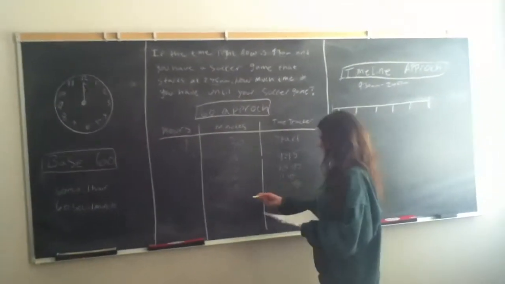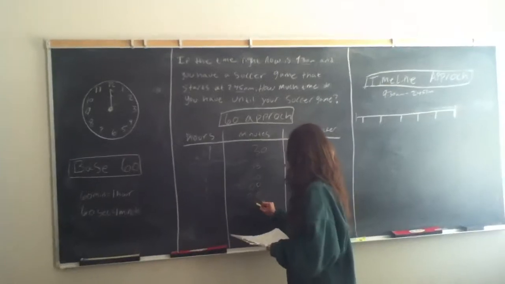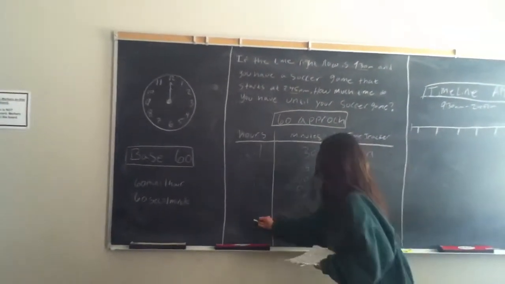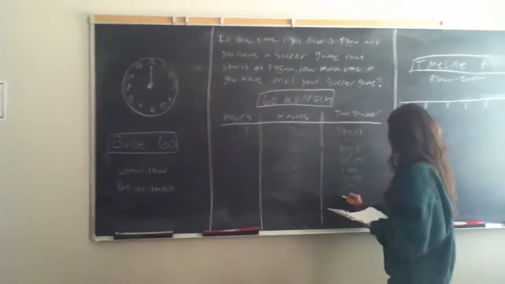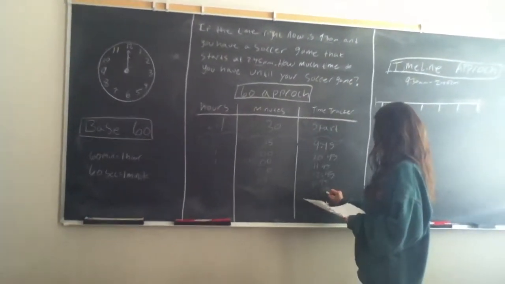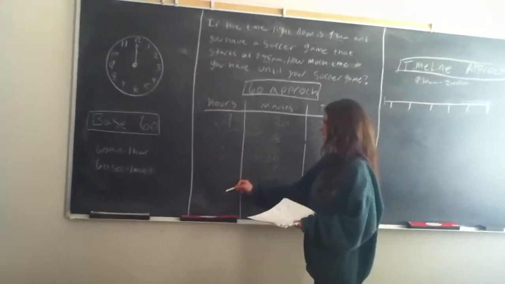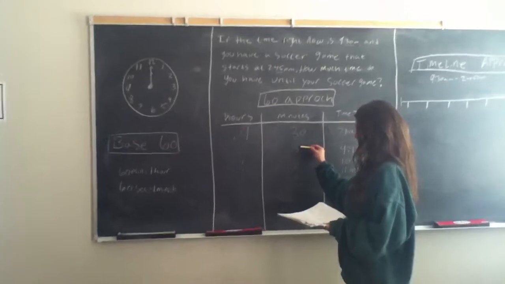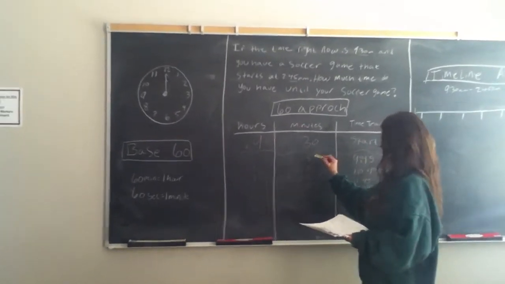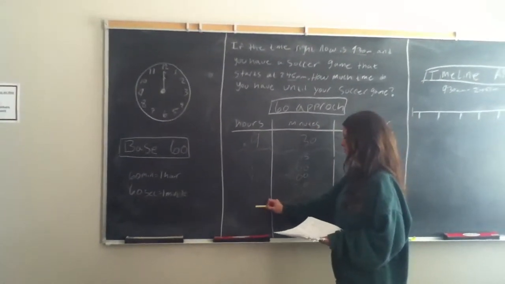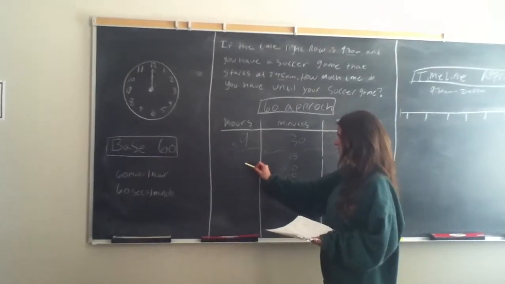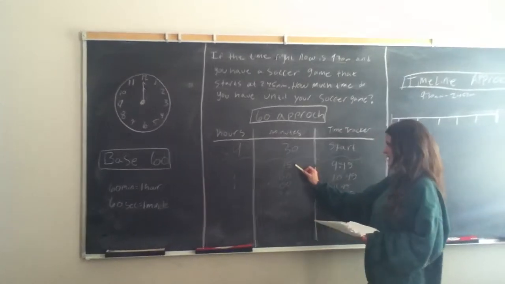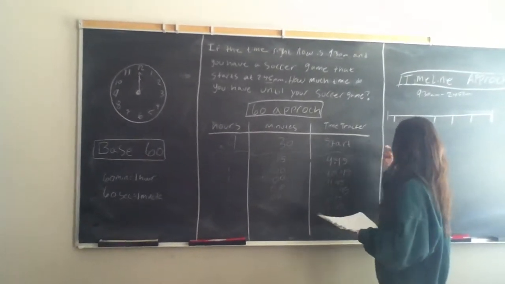So then 2 more hours, we get 1:45 and then 2:45. And now we can just count the hours plus the minutes. So we only have one section of minutes that we have to calculate, but we have 1, 2, 3, 4, 5 hours plus 15 minutes equals 5 hours and 15 minutes.